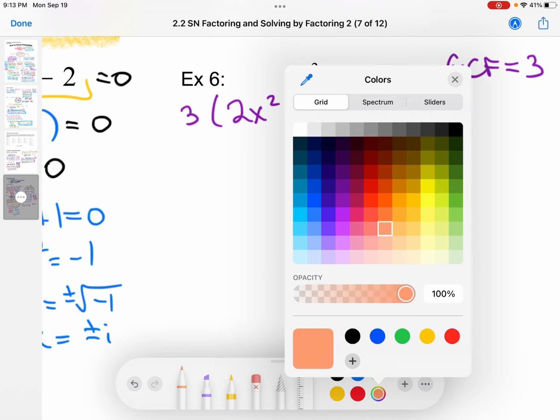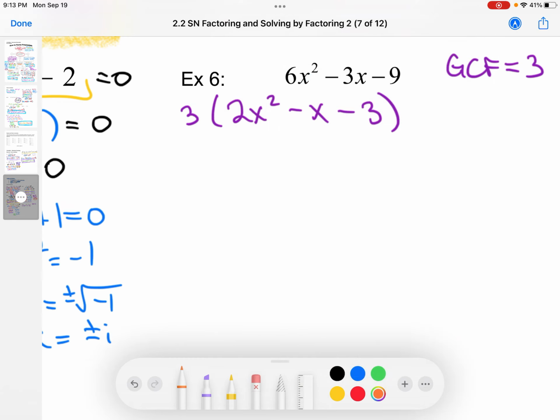Then the inside of this has 3 terms. To factor 3 terms, we look for magic numbers. We would need a product of negative 6, and we would need a sum of negative 1. So to multiply to be a 6, we need 1 times 6, or 2 times 3.